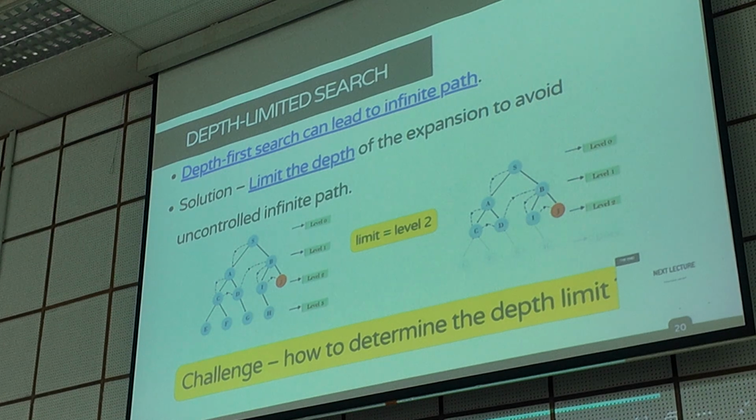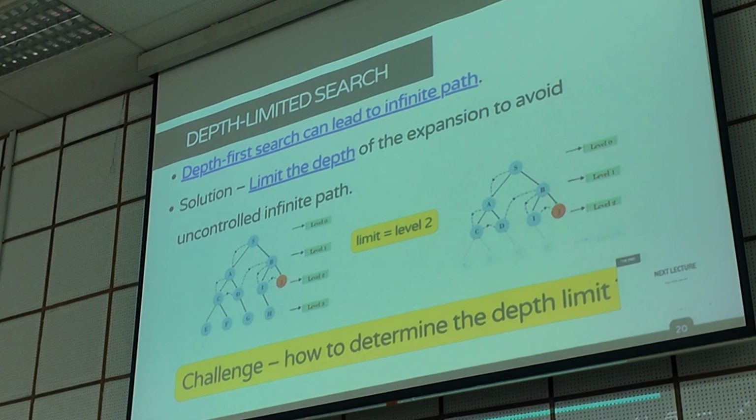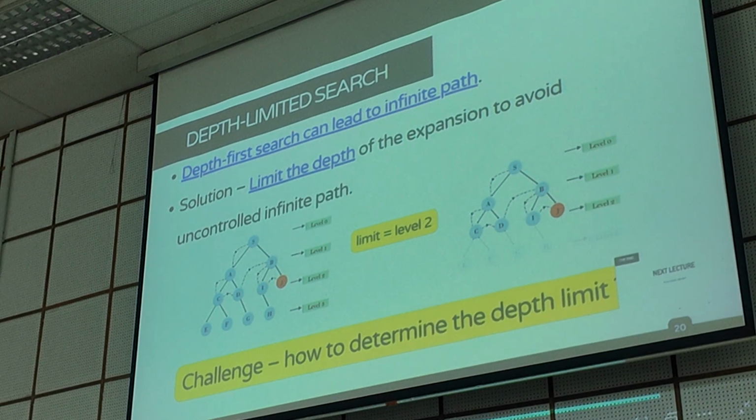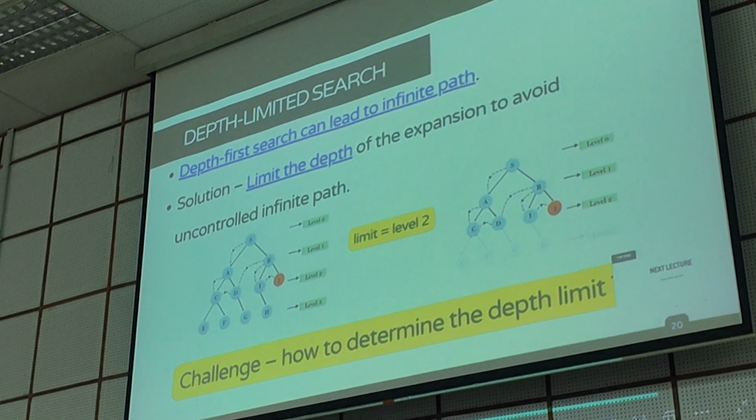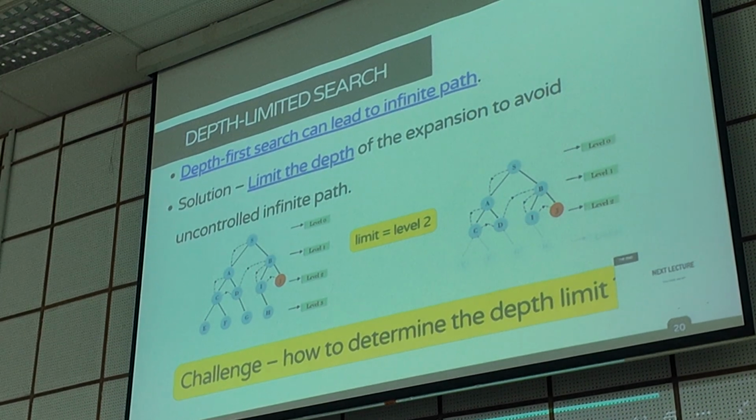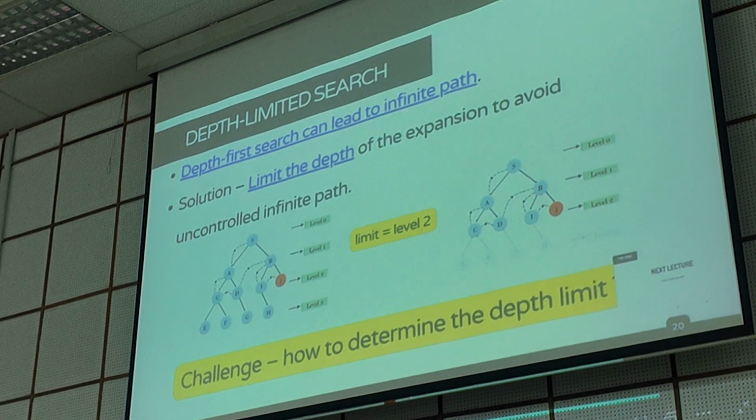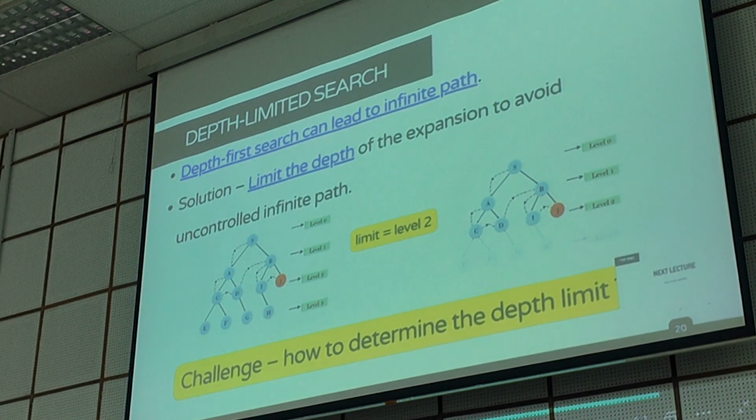Although the solution is somewhere around here, because of the nature of depth-first search, you will just follow this path. Let's say your problem set is very big, then it will be impossible for the agent to find the solution because we will continue to search until maybe trapped inside infinite loops. Okay, so how to solve it?